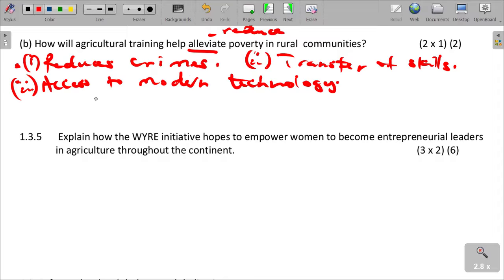People are able to use them. Therefore, poverty is reduced because we've got high or bumper harvests. And then we can also talk about profits. People can earn more profits.